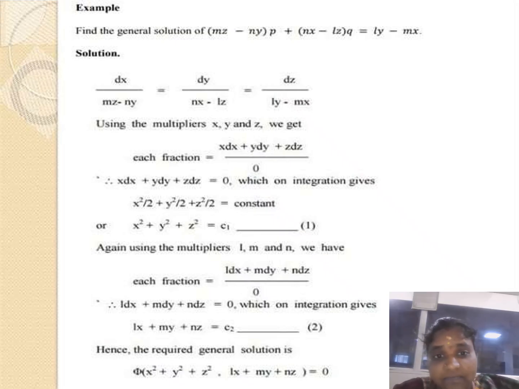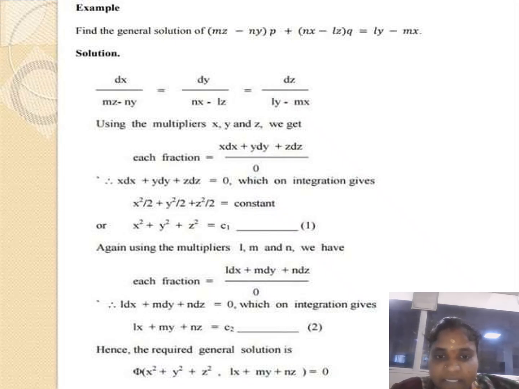So for each fraction of the subsidiary equation we get x dx plus y dy plus z dz divided by the denominator, where the first fraction is multiplied by x, the second by y, the third by z, and the denominator goes to 0. So we get the numerator x dx plus y dy plus z dz equal to 0.